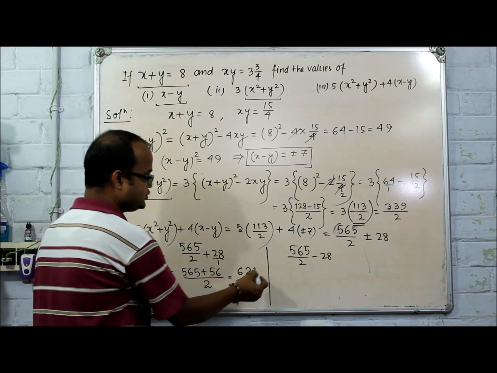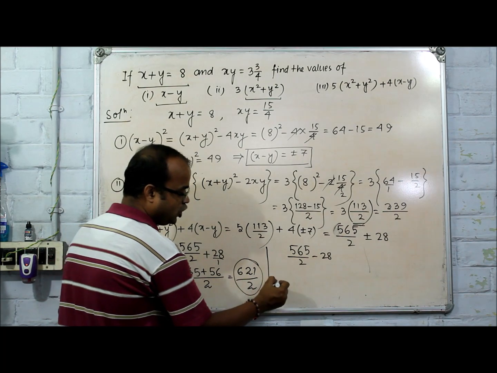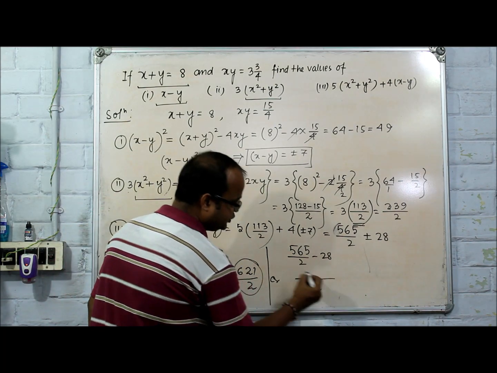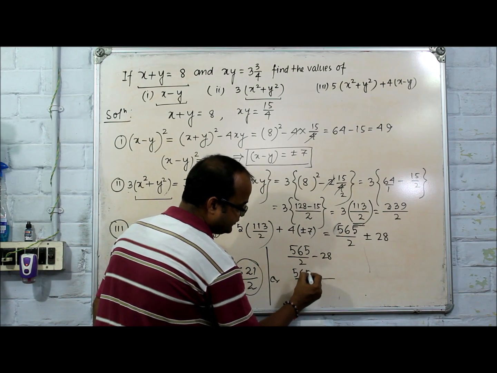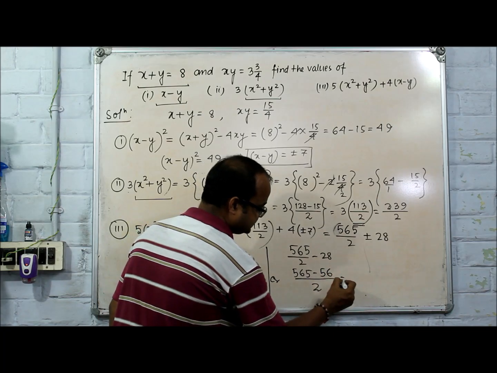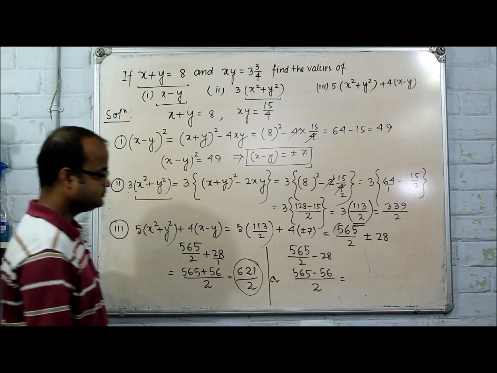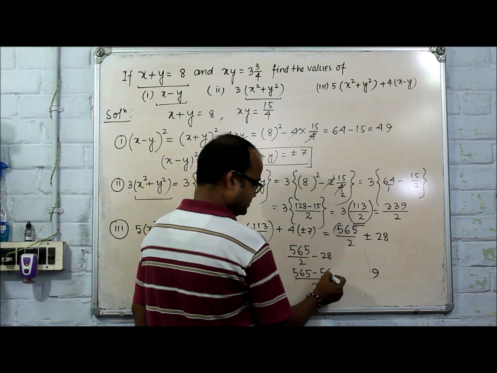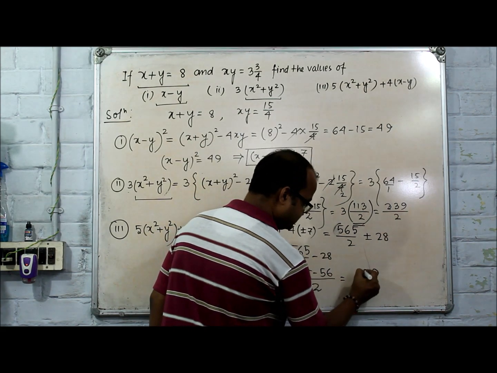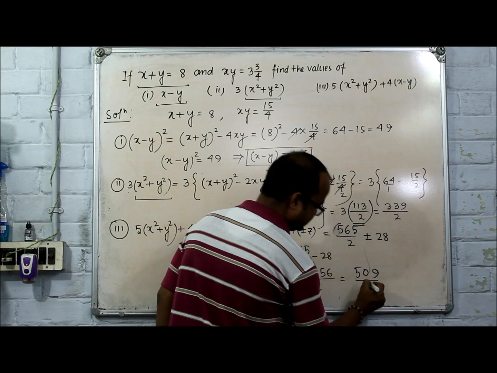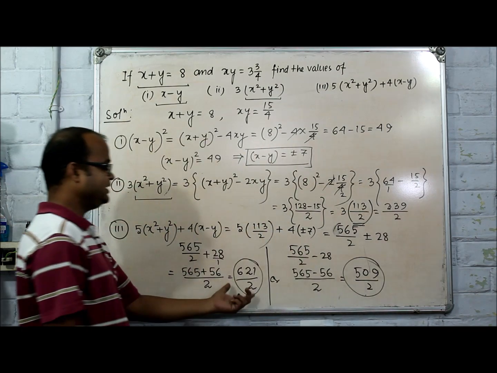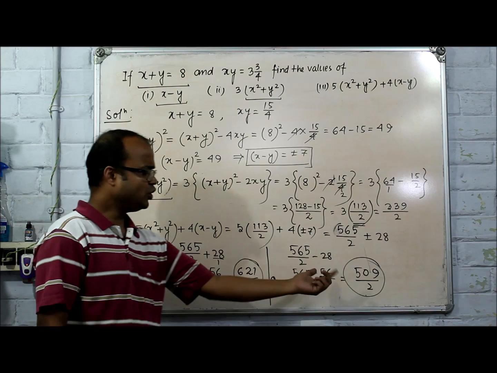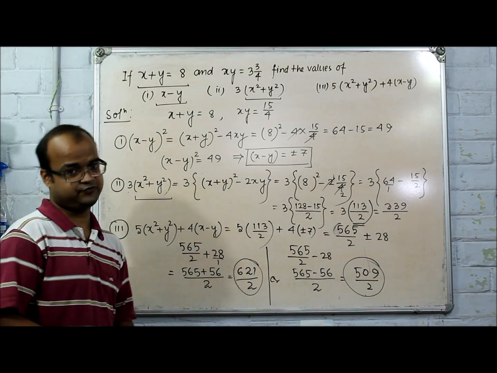So you are getting 621 by 2, or in the same way 565 minus 56 over 2. So you can leave the answer as it is, or you can convert it into a mixed fraction.